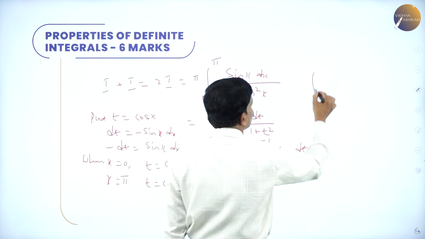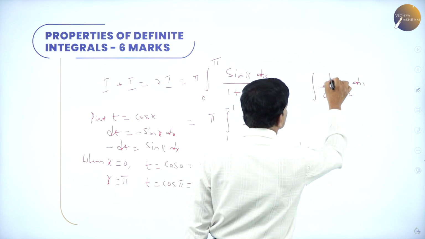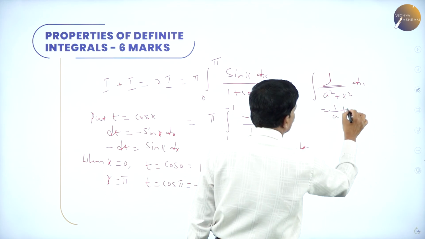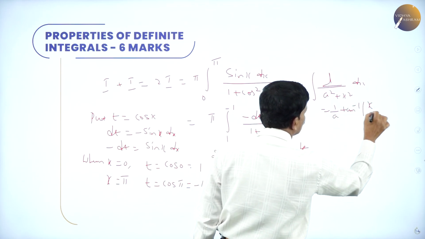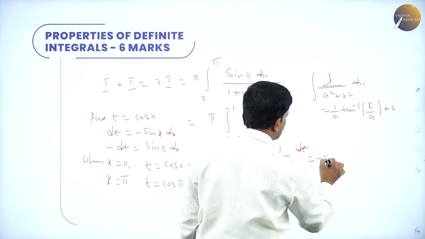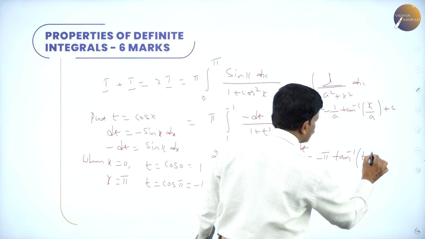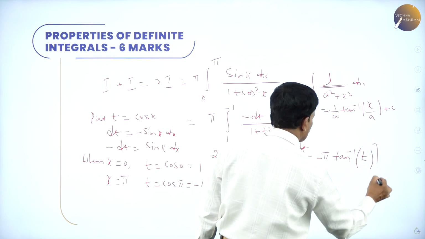The integral of 1 over a square plus x square dx is equal to 1 over a tan inverse of x by a plus c. This is 1 by 1, which is 1, minus pi into tan inverse of t.